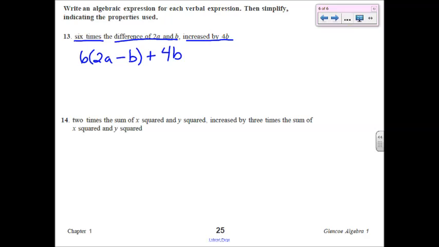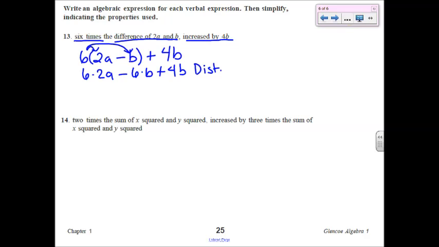So the first thing I'm going to do is use the distributive property and multiply that 6 by both things. So 6 times 2a minus 6 times b plus 4b, and that's the distributive property. I'm just going to write dist.